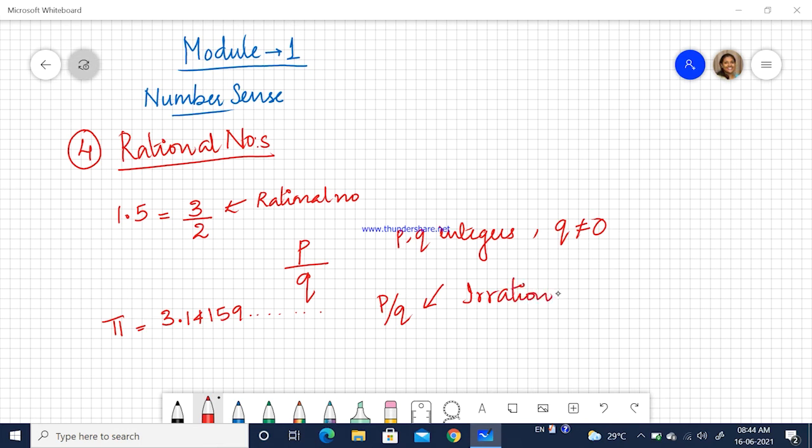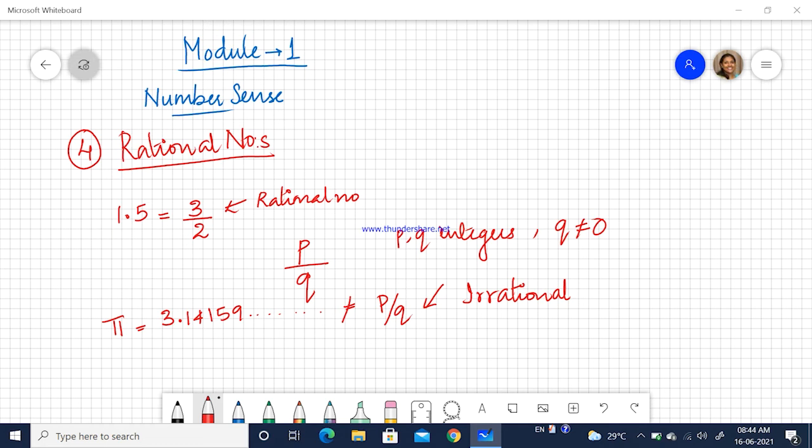Numbers which cannot be expressed in the form of p by q are called irrational numbers.